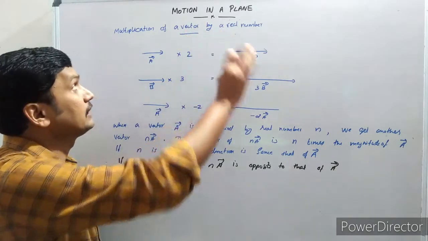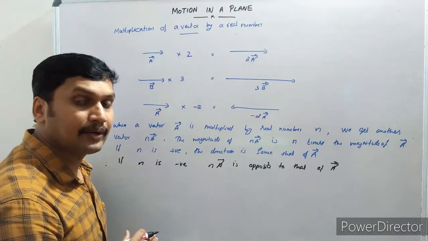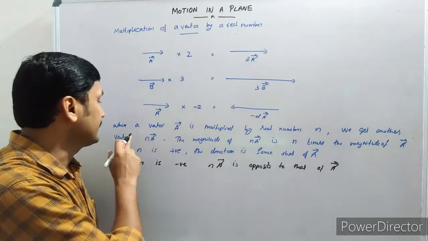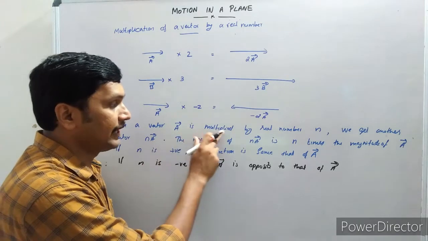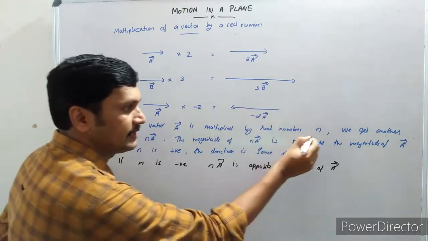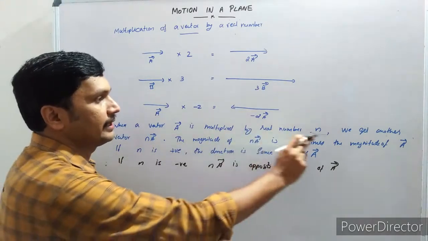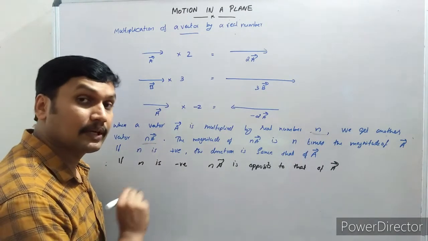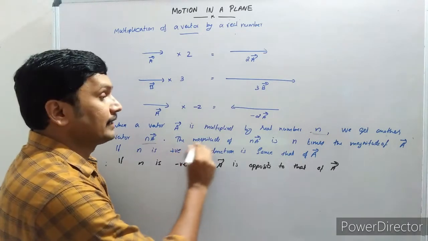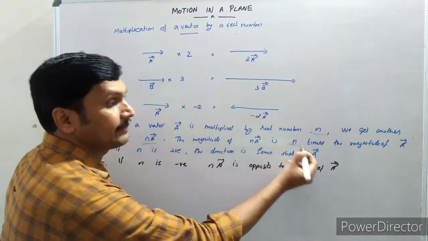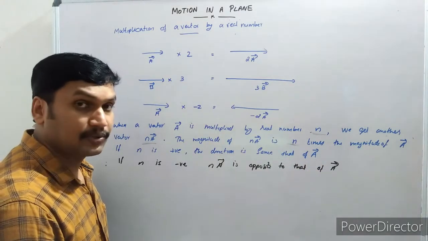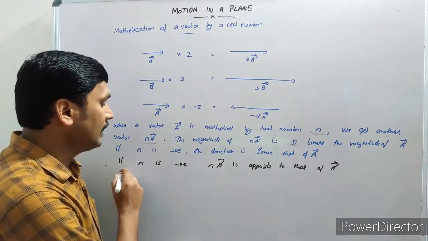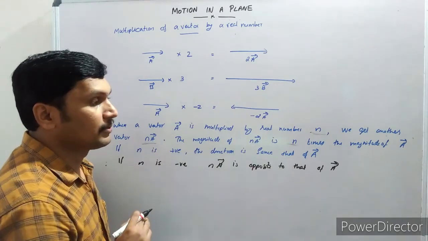Generally, the rule is: when a vector A is multiplied by a real number n, we get another vector whose magnitude is n times the magnitude of A. If n is positive, the direction is the same as that of A, and if n is negative, n times A is opposite to that of A.